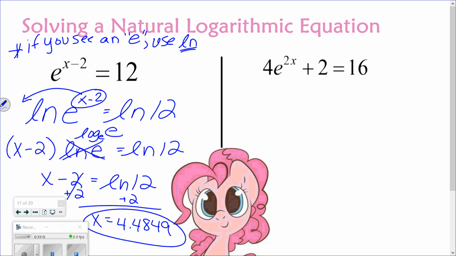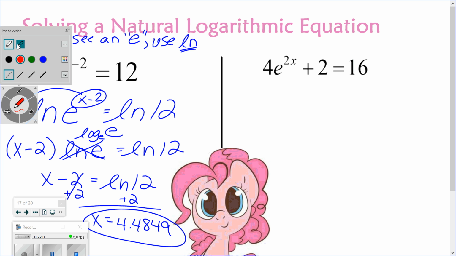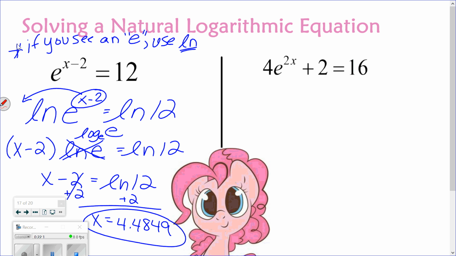All right, so let's take a look at the next one. What should you do with the next one first? Yeah, subtract that 2. Now what should I do? Nope.